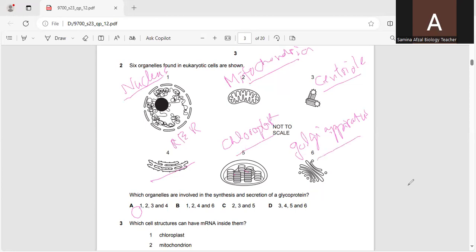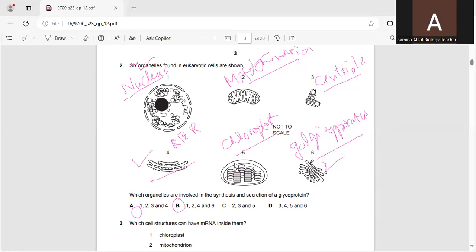The Golgi apparatus is helpful in the formation of glycoprotein and modification of them. In this way, organelles number 1, 2, 4, and 6 are involved in the synthesis and secretion of a glycoprotein. So according to this information, B is the correct option.